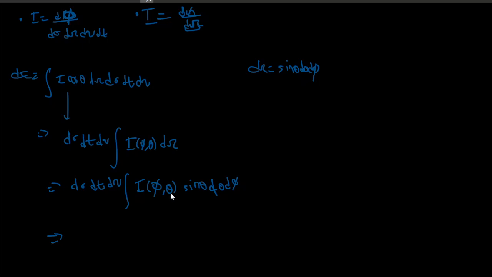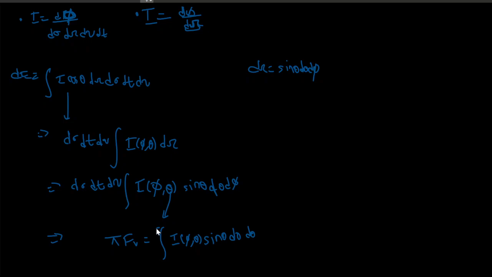If you carefully do this, this term will yield this term. The subscript is mu, nothing to worry about. And I of phi and theta, sine theta, d theta, d phi.